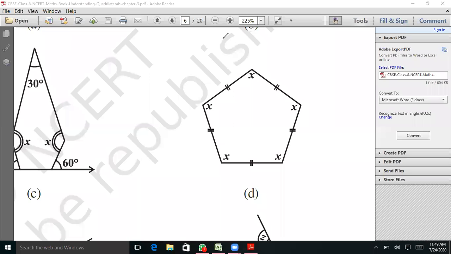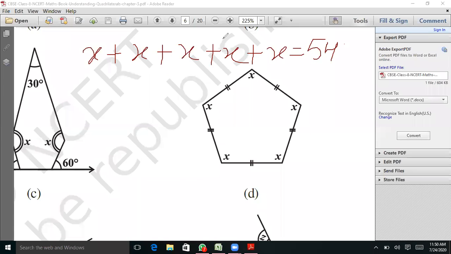So we'll do it like x plus x plus x plus x plus x, which will be equal to again 540. Why? Because this is a pentagon and it has 5 angles. So as it has 5 angles, its sum will be 540 degree.